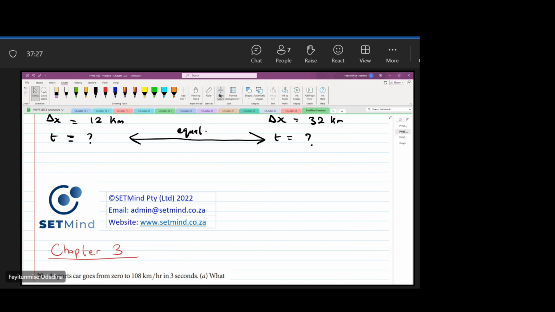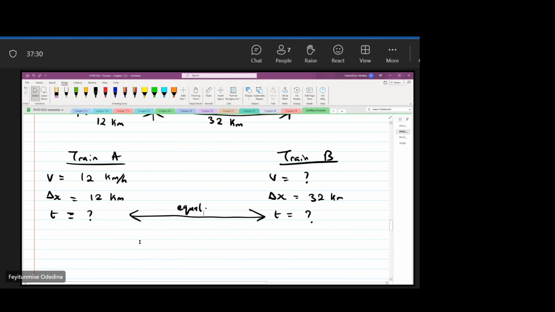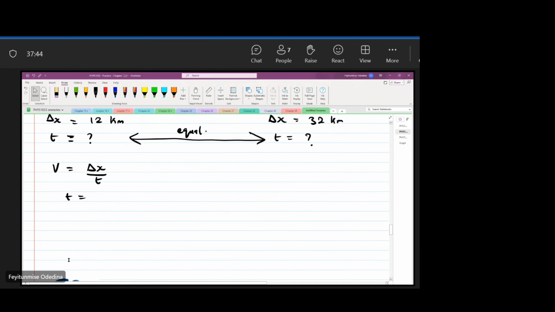So the way we are going to do it is by saying, because this is a constant velocity, velocity is our displacement over time. Since we have our velocity and our displacement, time is equal to our displacement over our velocity.